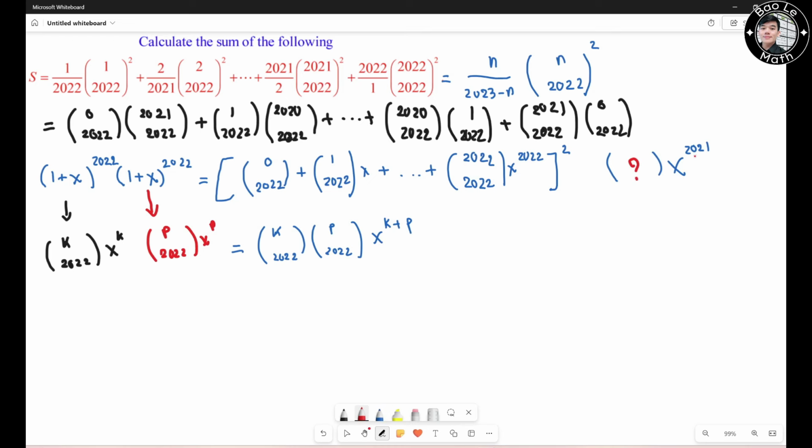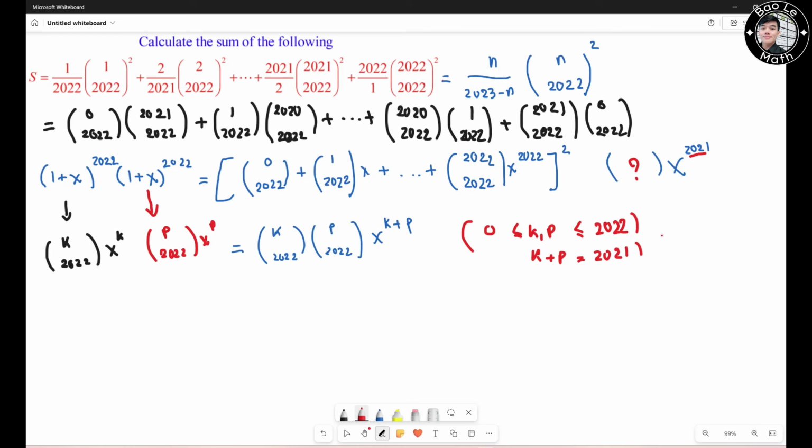So, look at this one. This is 2021, this is k plus p. So we have the domain for this one: k and p must be greater than or equal to 0 and less than or equal to 2022, and then k plus p must equal 2021.